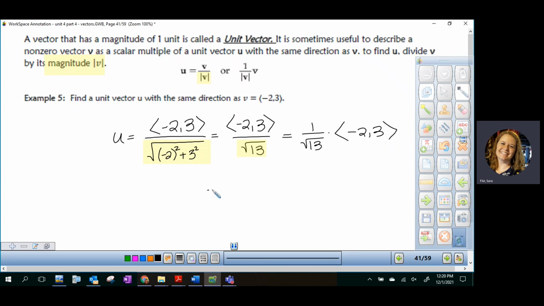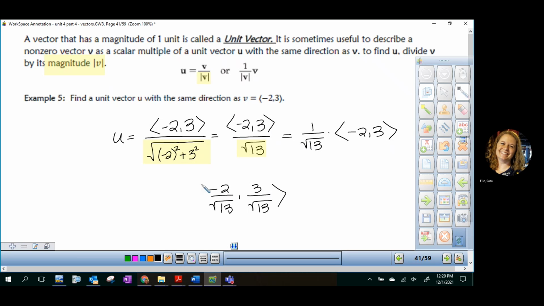So that becomes -2 over root 13 and 3 over root 13. Okay, so this is the unit vector that goes in the same direction as this vector v.